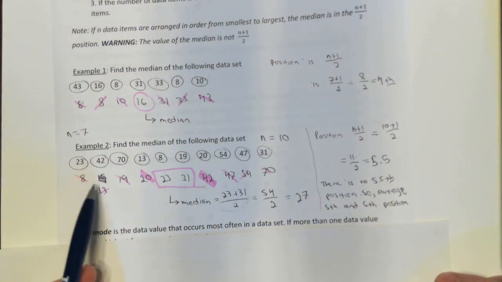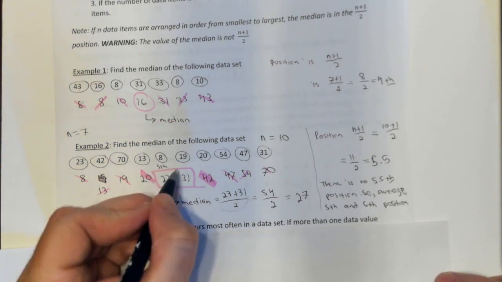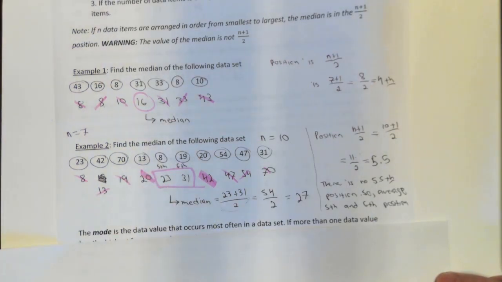So 1, 2, 3, 4, 5, 6. So this is the 5th. This is the 6th. The median is the average of the 5th and the 6th position, which we found. Okay.